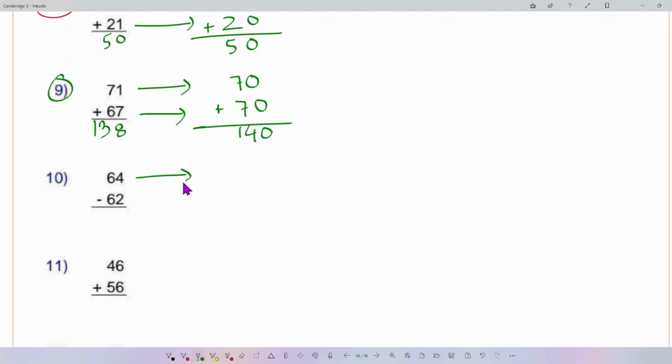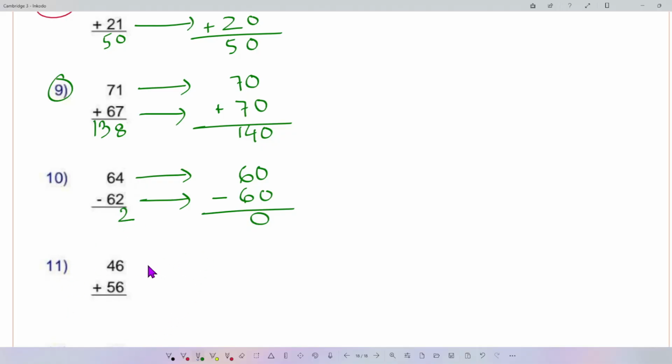64 nearest 10 60. Then 62 nearest 10, this one also 60. The difference is 0. Actual problem, 4 minus 2 2.